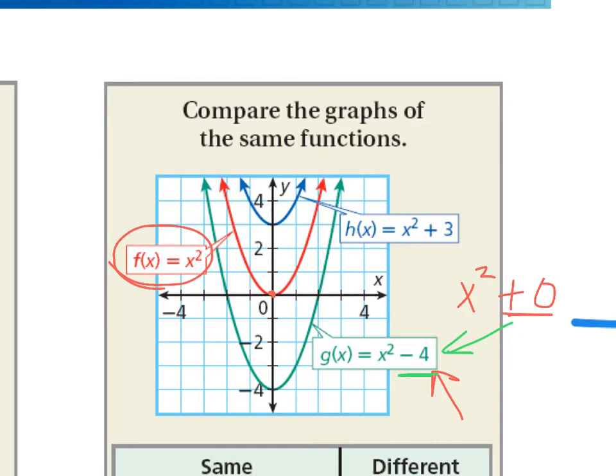So it's moving the vertex down here to -4. Notice in the blue one, it changed to +3. So from red to blue, this shifted up 3 units. So the c is going to tell us where it's hitting the y-axis. If it's a positive c, it's going to shift it up. If it's a negative c, it's going to shift it down.